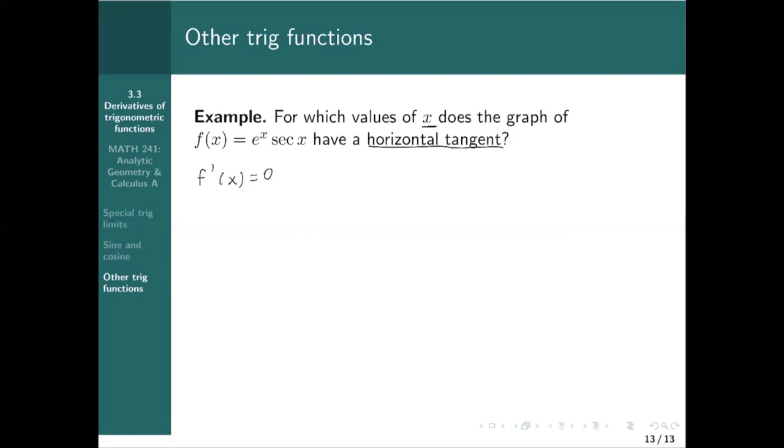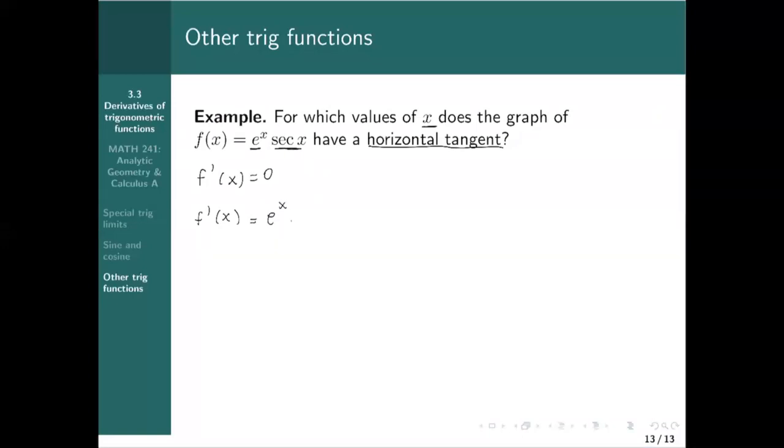So let's evaluate the derivative of f. Because we have a product here, we are going to apply the product rule. So this is the first term, this is the second term. To evaluate the derivative, we are going to leave the first term as it is and multiply by the derivative of the second term.